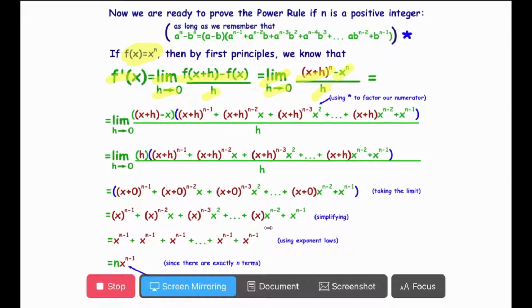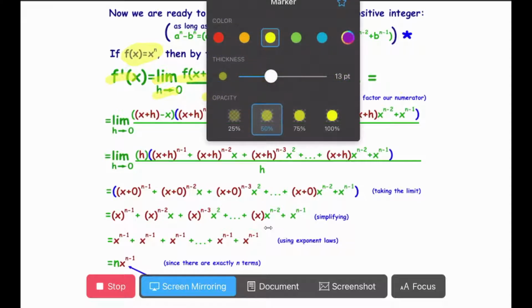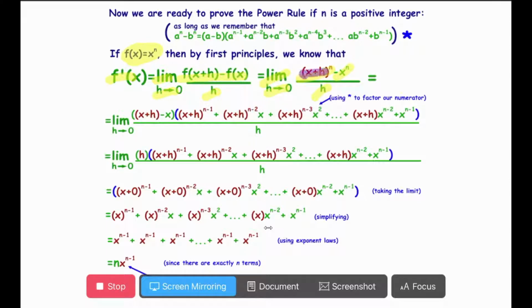Well, we just talked about a difference of squares here. And so my difference of squares is the x plus h to the power of n. So that's like my a value minus my b value, which is x. So let's observe. We're going to use our piece here and write it out here.